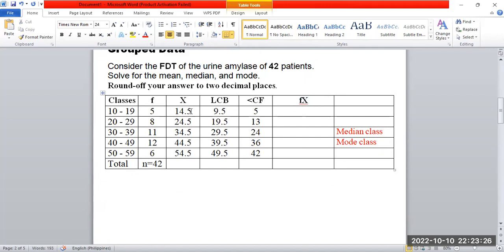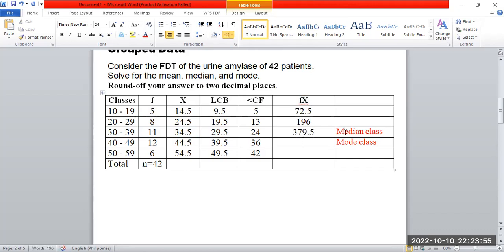So 5 times 14.5, that is 72.5. Tapos the next frequency, 8 times 24.5, that is equal to 196. And then 11 times 34.5, that is 379.5.